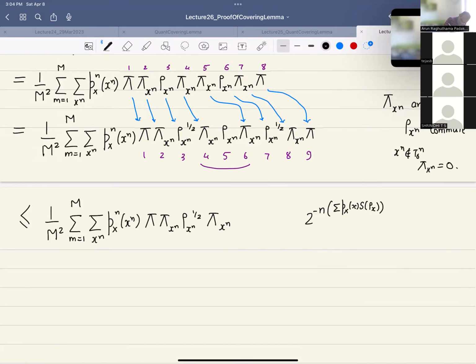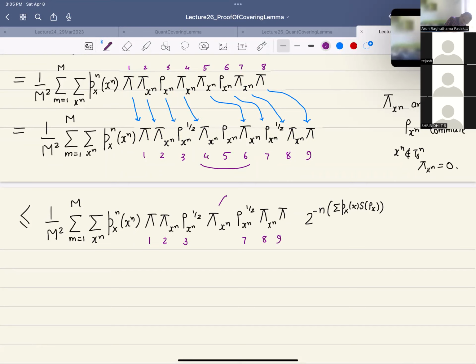Okay, so I claim 4, 5, 6 reduces to the following: pi xn, and then 4, 5, 6 just becomes one term, and then I have the rho xn to the power half on the left. On the right, 7, 8, 9 is as is. So 1, 2, 3 is as is. 4, 5, 6 becomes one term, and then you have 7, 8, 9 again.